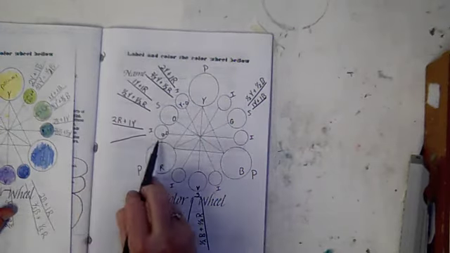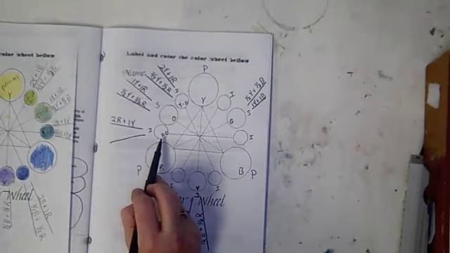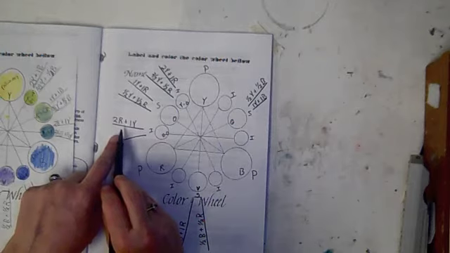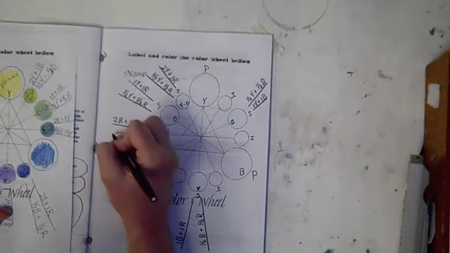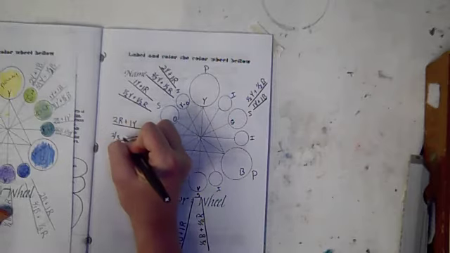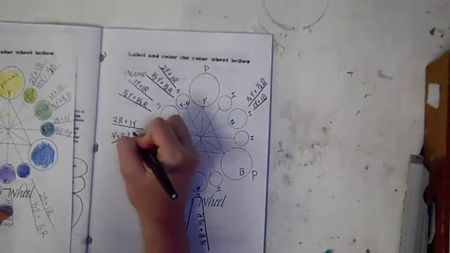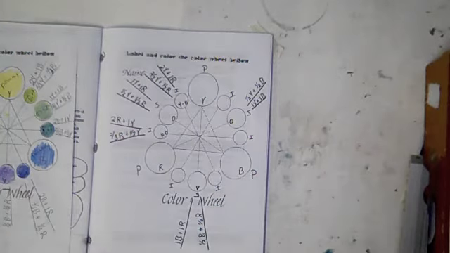So if it's red, orange, then I know I'm going to have more red than yellow. So the red's going to be dominant, so I will have 2 parts red, 1 part yellow. Or another way of saying that is 2/3 red plus 1/3 yellow.